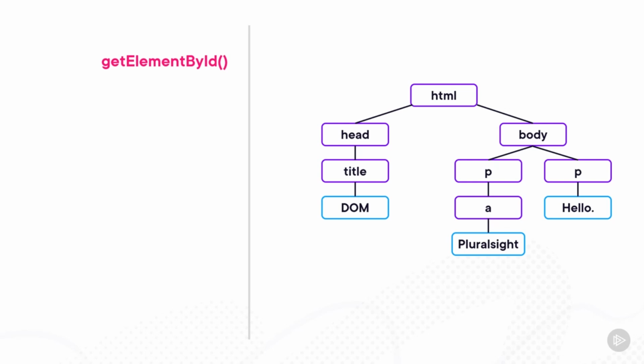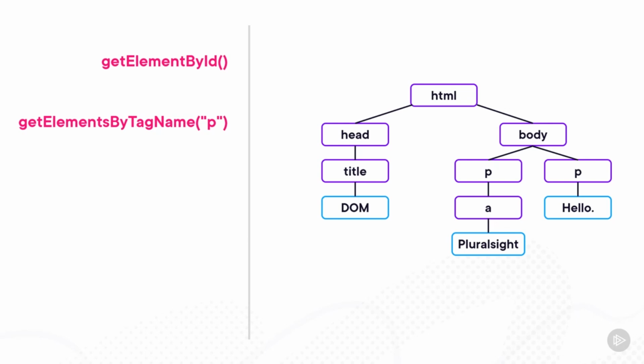There are other methods, however, that return more than one element. Well, can return more than one element, or to be precise, more than one node. And one of those is getElementsByTagName. Notice the plural in the method name. So we get elements.